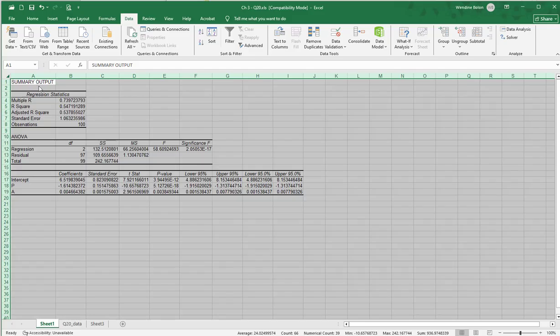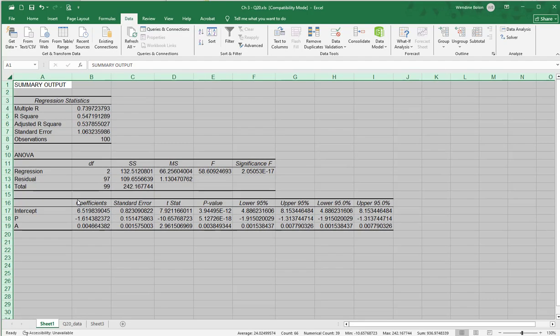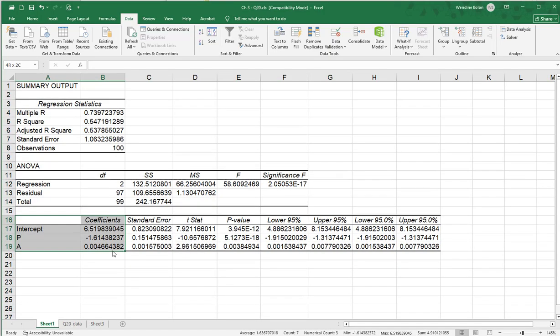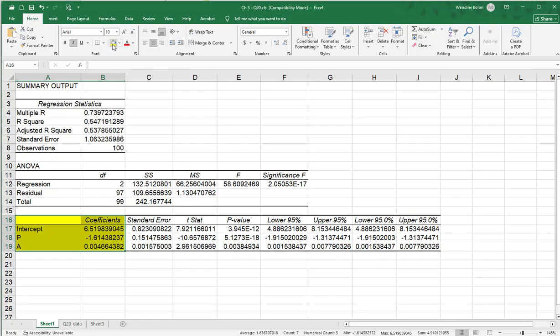So here's our regression output. I'm going to zoom in just a little bit in case you need to see that closer. This piece here is what gives us our regression equation. But I want to do something else here before we get too excited. I want to look at the p-values associated with the coefficients. Now, the two coefficients of interest really are A and P. So I'm going to look at their p-values.